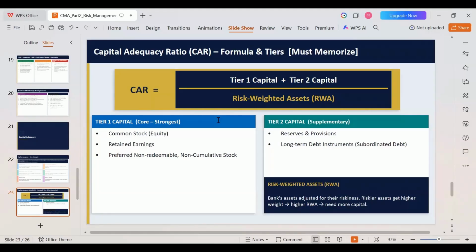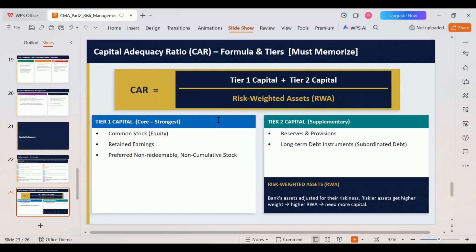Tier 2 capital is like how we have in our businesses. Whenever assets improve in their value, we will notice a gain on the value of assets, isn't it? Similarly, banks also have assets. So what are their assets?